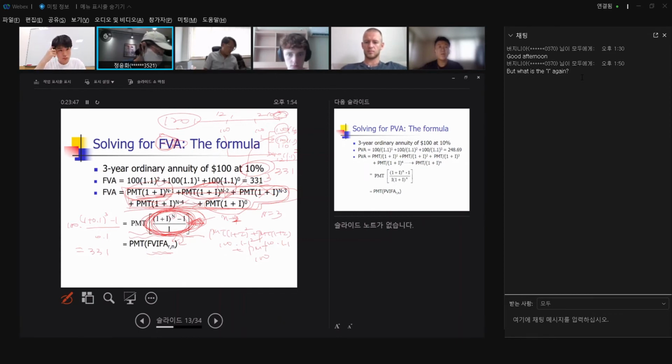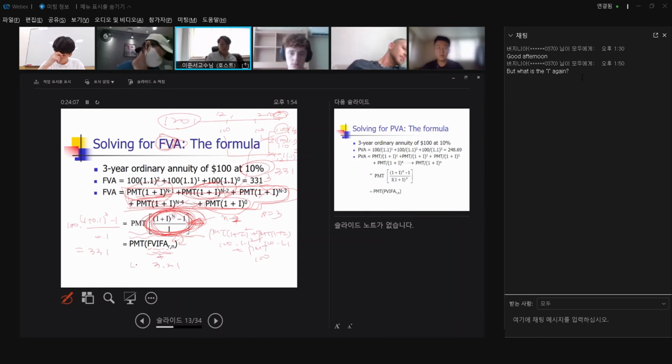What is the figure across the third row and 10% column? 3.310. Exactly, right? So the future value interest factor of annuity is 3.31.